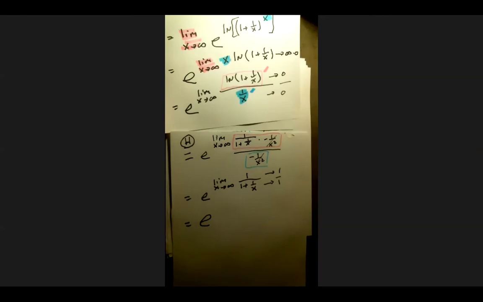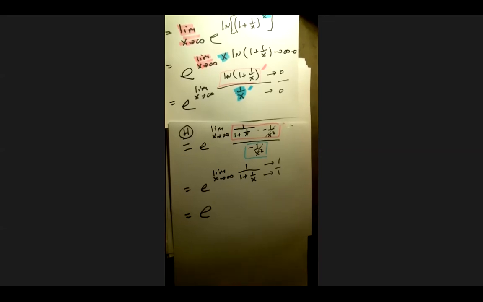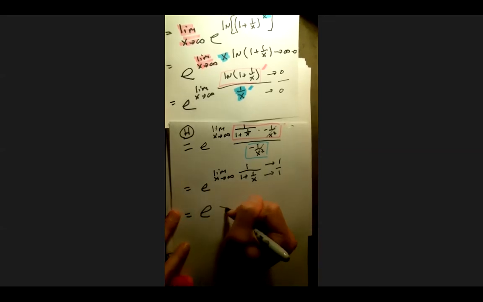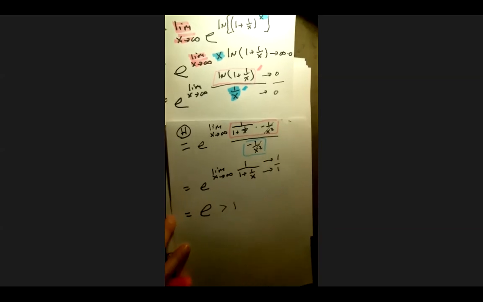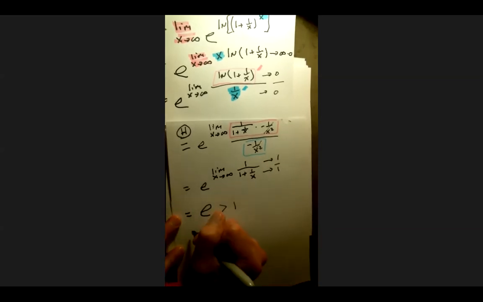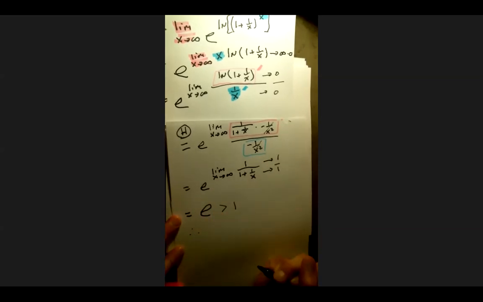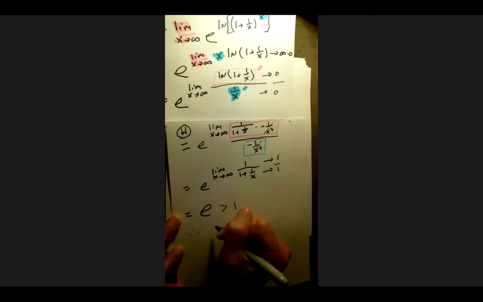What is important about e in this case? e is bigger than 1. Good, Jason. So e is bigger than 1. So what? So it's going to diverge from the ratio test.